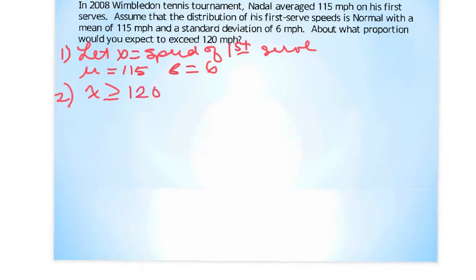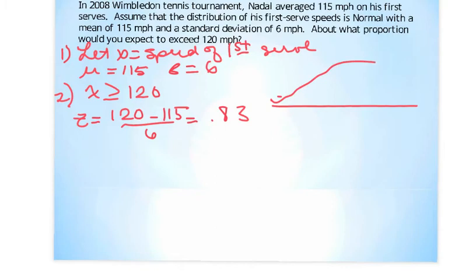So the first thing I want to do is standardize 120, turn 120 into a z-score. So 120 minus 115 divided by 6 equals 5/6, which is 0.83. So I am looking at an area under the standard normal curve.